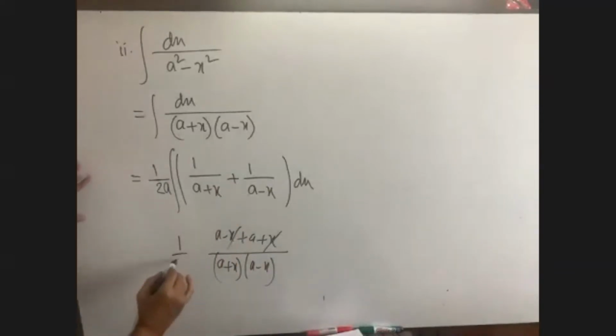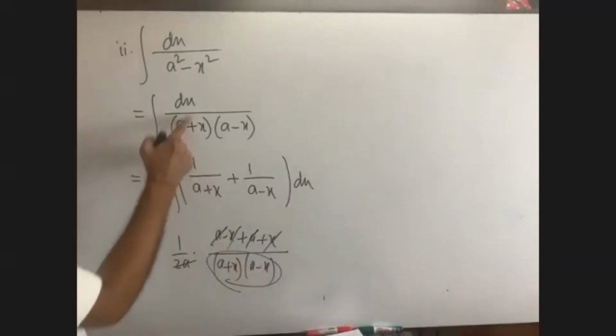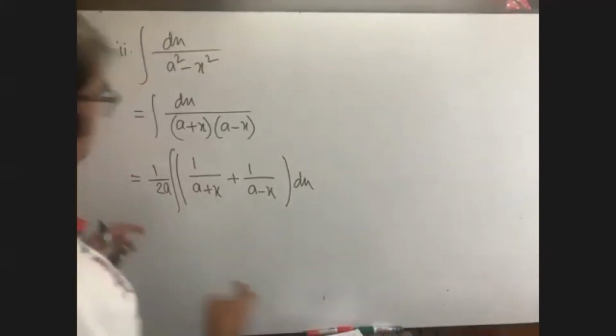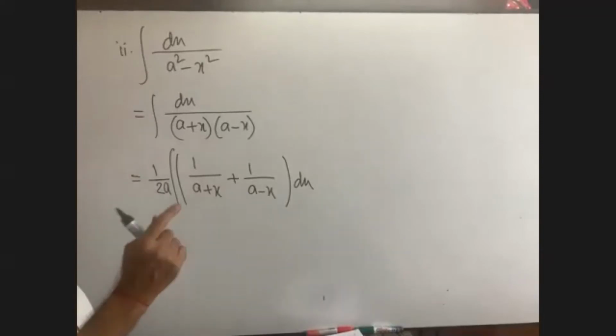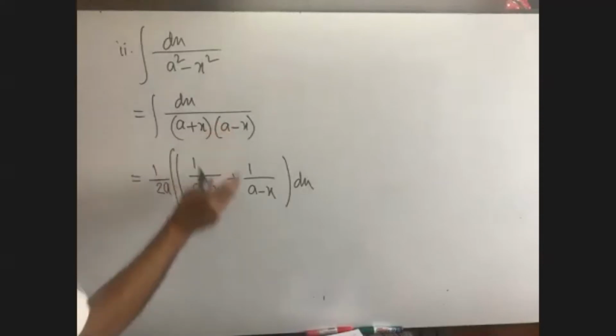Suppose here it is written 1 by 2a. This 2a and this a will be omitted. So actually we are getting this part, which is given here, dx by this. If we have the partial fraction of this part, we'll get this part.